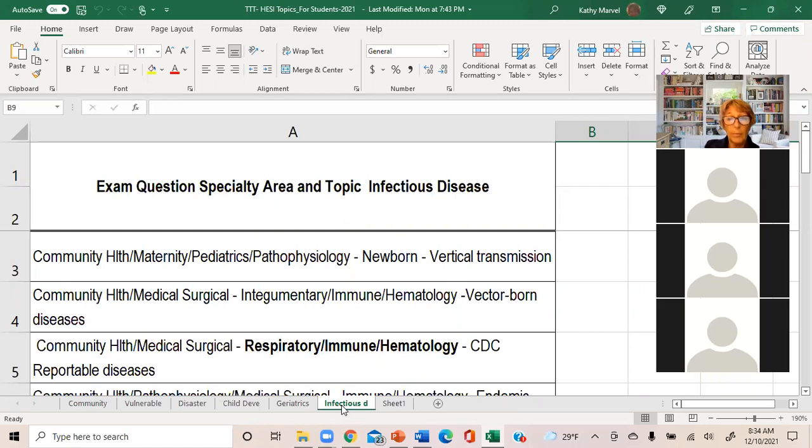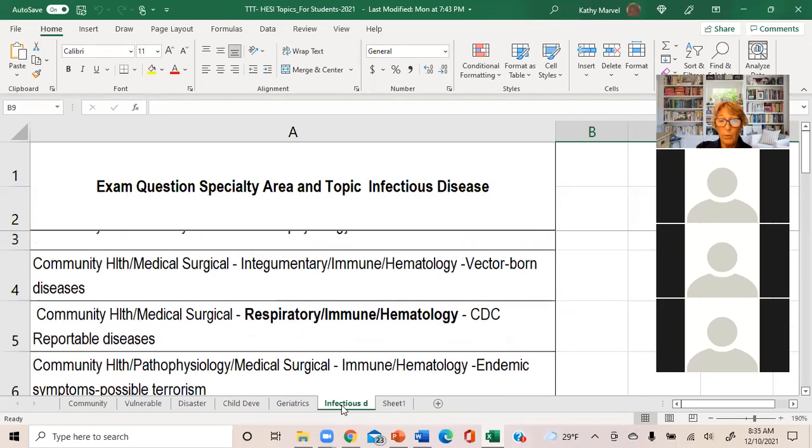And if syphilis is transmitted through the placenta and it's not identified, there are potential significant impacts to the fetus and the newborn. You guys remember talking about that?